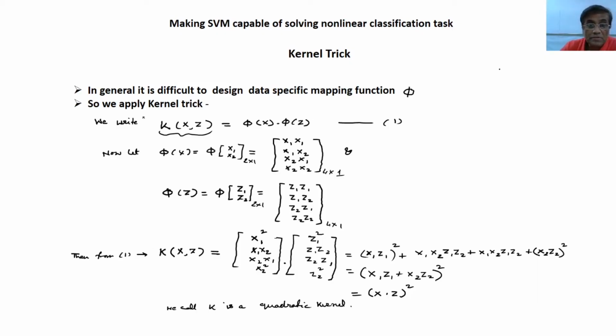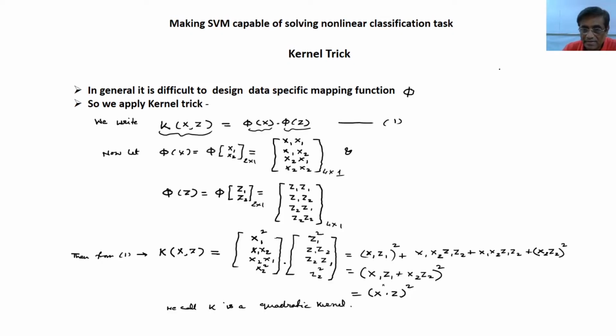Then I have told, forcibly with some trick, I am making this equal to this. So what is this? This is equal to the dot product between the samples mapped by phi of x and the samples mapped by phi of z. So if you do the dot product, then what are you getting? You are getting x1 z1 square plus x1 x2 z1 z2 plus x1 x2 z1 z2, that is 2 x1 x2 z1 z2, plus x2 z2 square, that is eventually x1 z1 plus x2 z2 whole square.